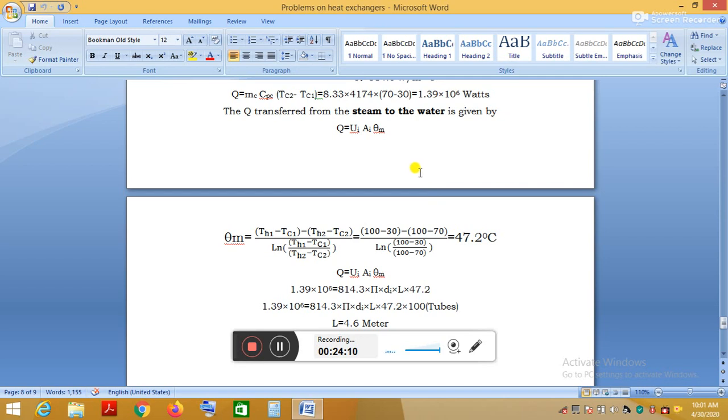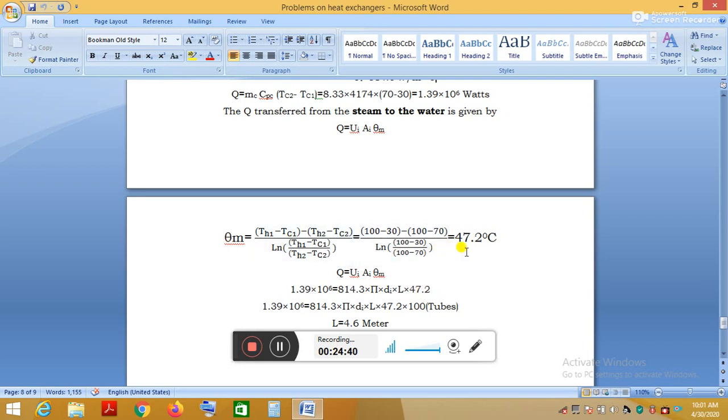He asks us to find the length of the heat exchanger. By the equation of heat transfer, we have Q equals UA into theta m, where Q is the total amount of heat transfer, U is the overall heat transfer coefficient, and surface area is given by pi d into L, and we can find the value of L from this equation.